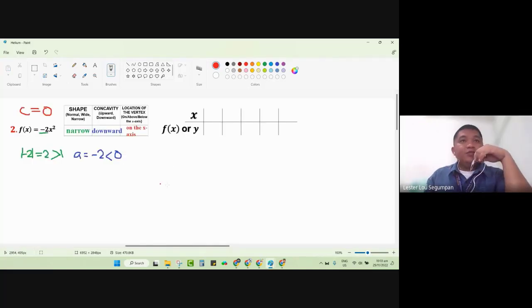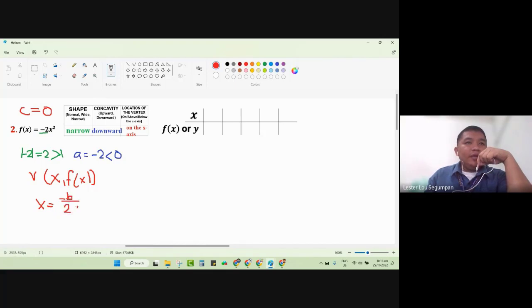To graph number 2, we need to identify the same vertex, and the vertex will be given by a pair of x and f of x coordinates. And we all know that x can be computed by negative b over 2a. So it's negative b over 2a, and b here is still 0. So negative 0 over 2 times a, which is negative 2.